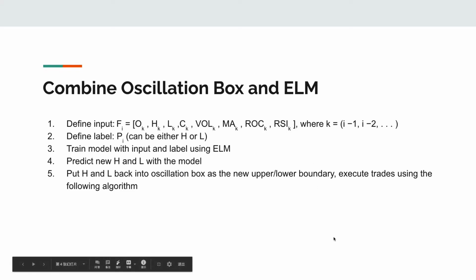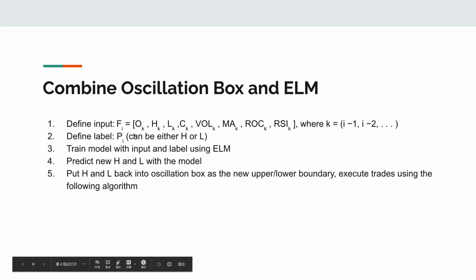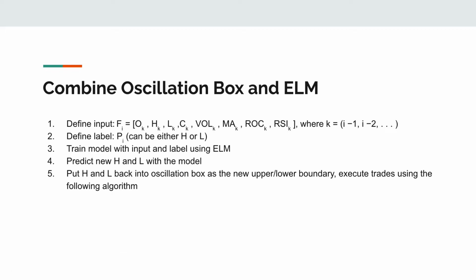Now let's talk about how we combine the oscillation box theory and extreme learning machine. So we first define our input as a vector. We call it F_i, where i is the i-th state. And since we are using historical data to predict today's stock price, we can only use the data before today.